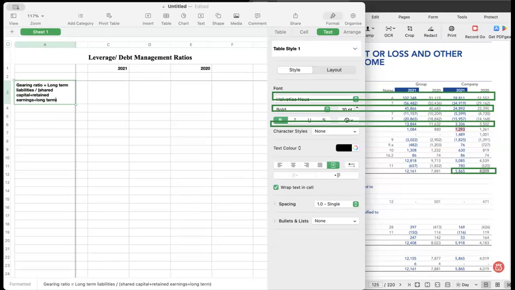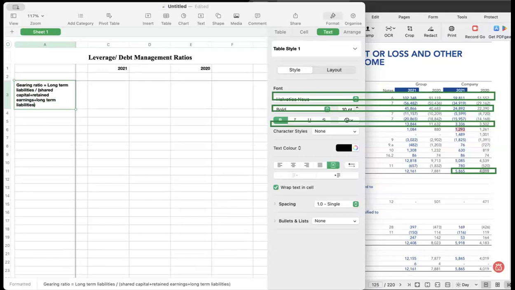This is the formula that I gave you, and this is a comprehensive formula. This will actually give you the accurate picture of the company.